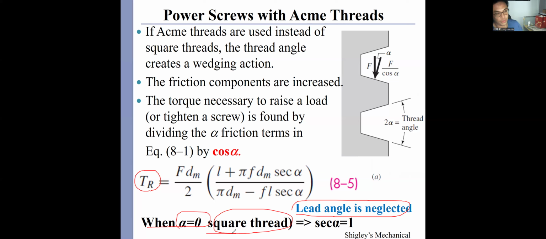That means secant alpha equals 1. Right? So it's the same as the torque required to raise the mass or the load in the square thread, right?